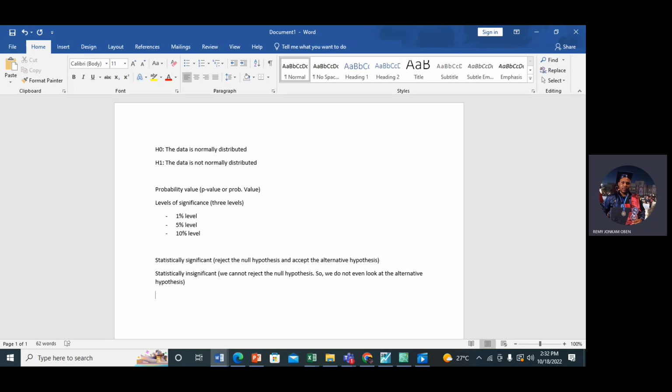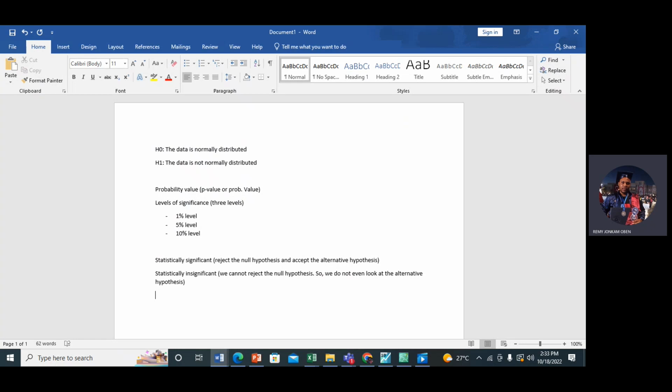So don't be tempted to say, okay, if we cannot reject the null hypothesis, therefore it means we are accepting the null hypothesis. No, we never accept the null hypothesis. The only time we use the word accept is if we are making reference to the alternative hypothesis. And the only time that we accept the alternative hypothesis is if we are rejecting the null hypothesis.